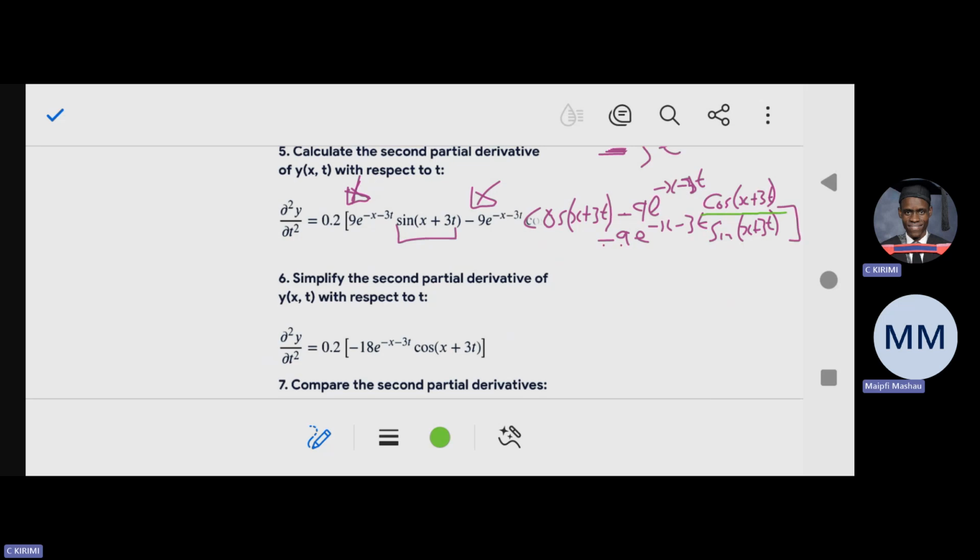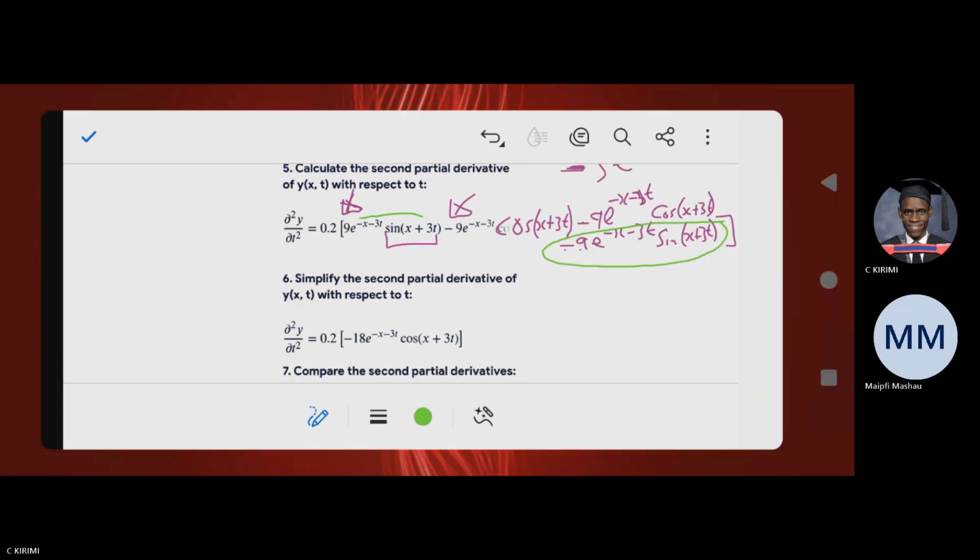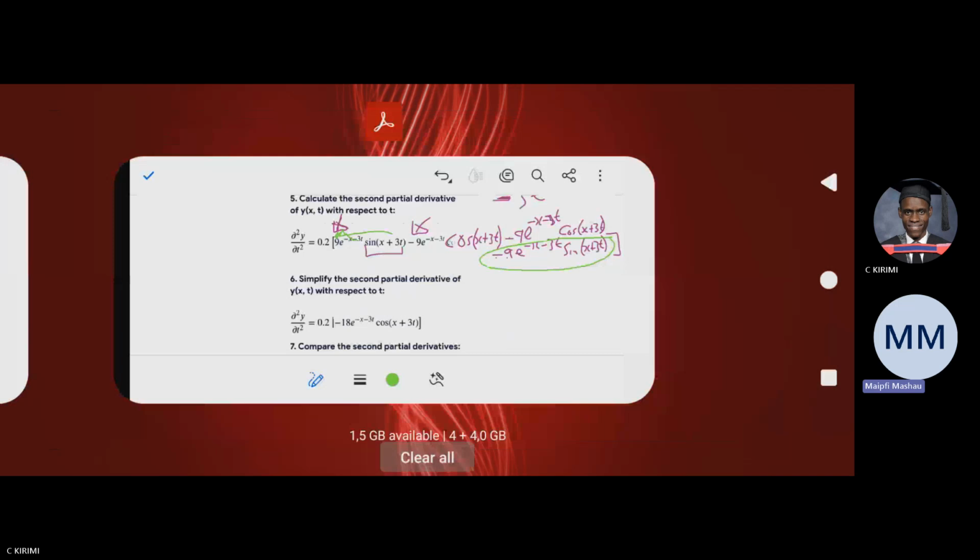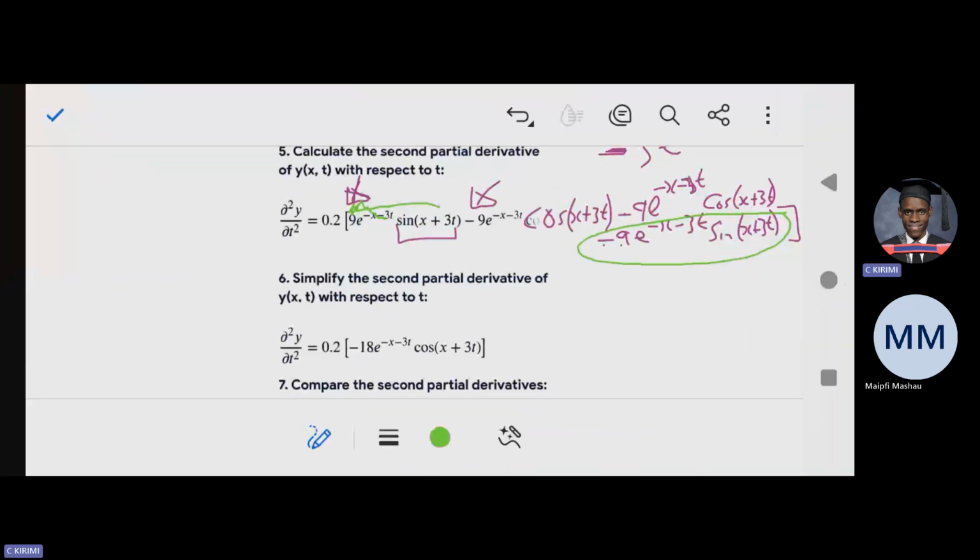So this one goes, and the first one goes out. This one also goes. If these go, you are left with -9, -9.